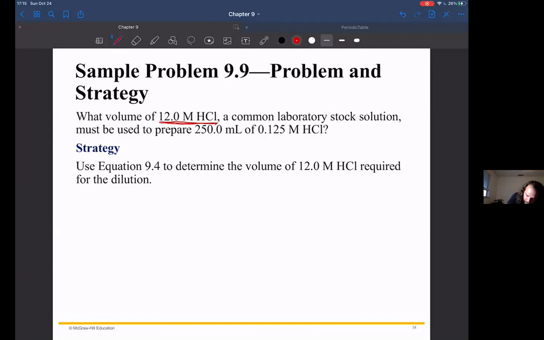So let's look at our equation again: MC times VC equals MD times VD. Let's make sure what variables we have. We have the concentration of our more concentrated solution, that's the MC. We're missing the volume, which is what we're going to solve for.